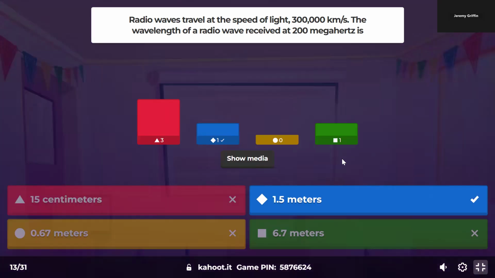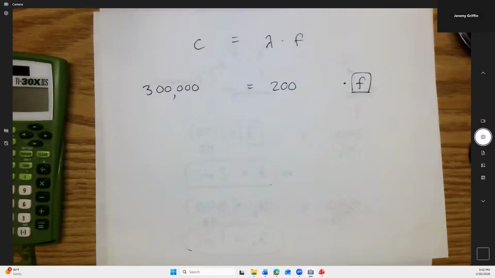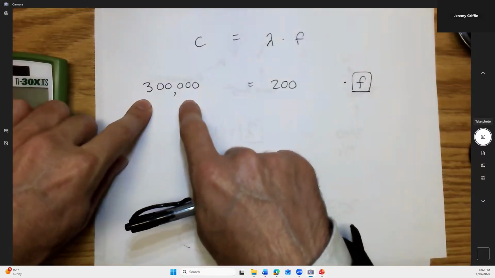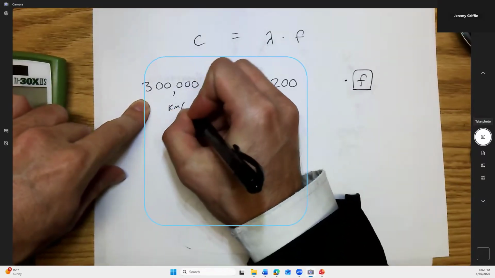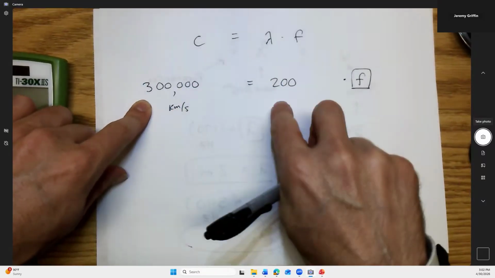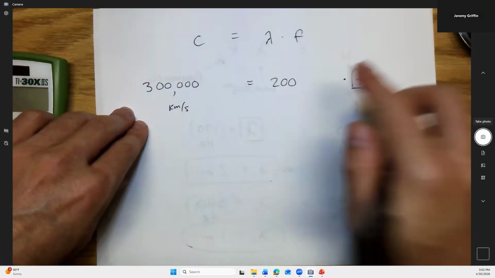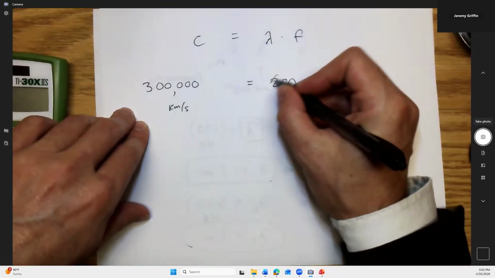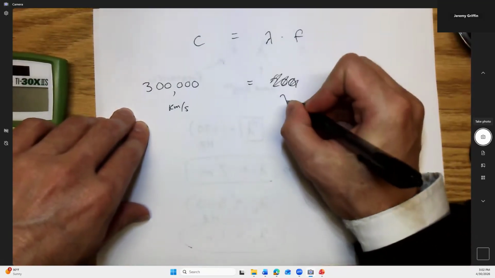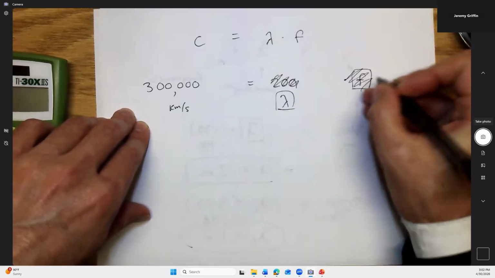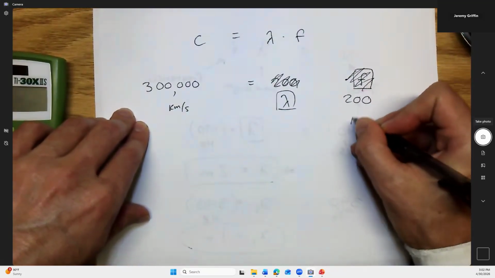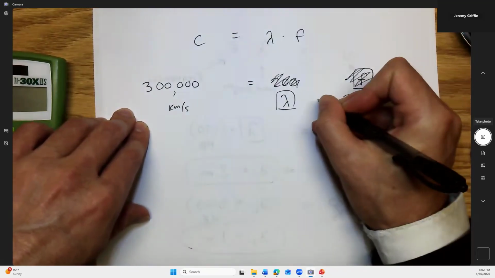Maybe use some more time on that. Here, I'll show you this. It said 300,000 kilometers per second, and we have, oh, whoops, sorry, this is backwards. We're solving for wavelength. And it gave you the frequency as 200 megahertz. Isn't that what it said?